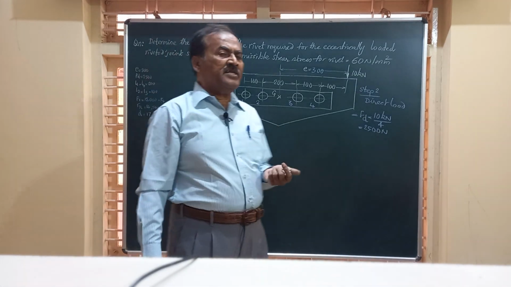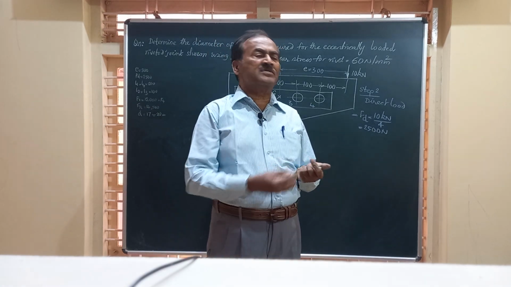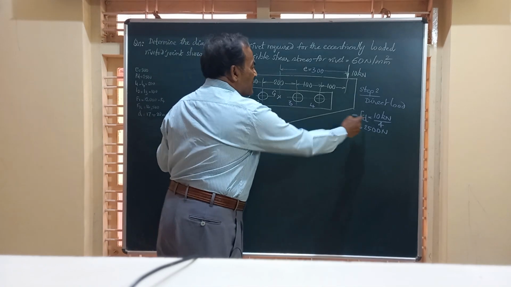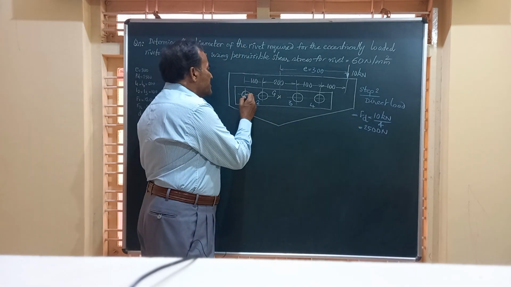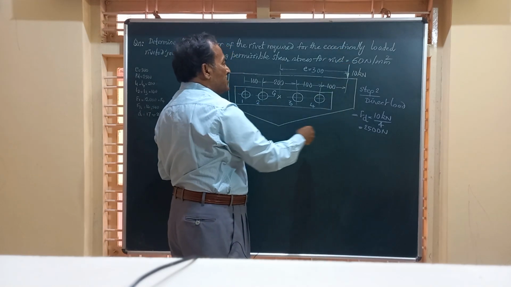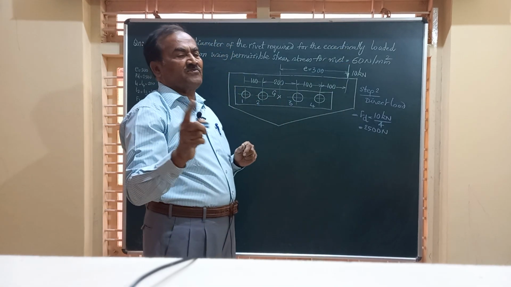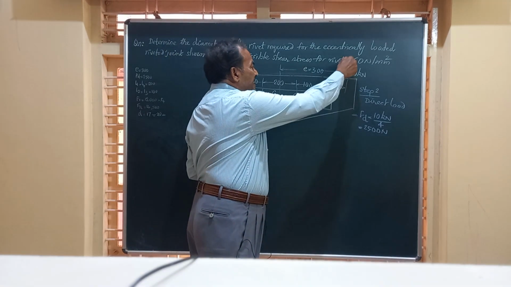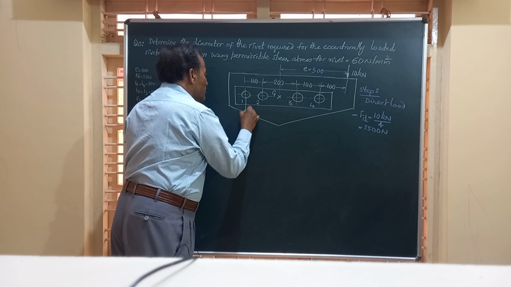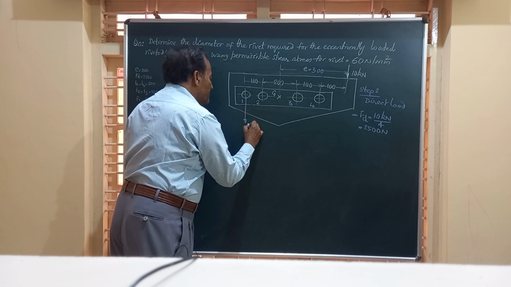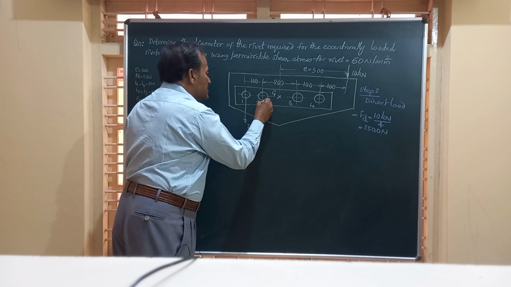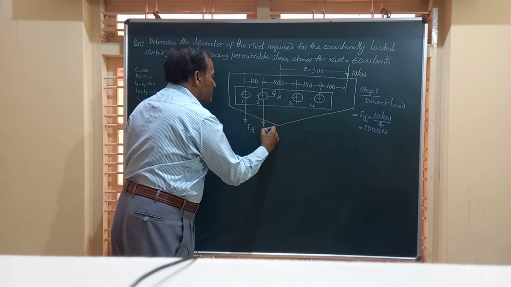Then you should know how to represent this direct load. This direct load FD acts at the center of each rivet, parallel to the applied load and in the direction of it. The 10 kilonewton is acting downward, so at this point the load FD should act downward, and at this point also downward.